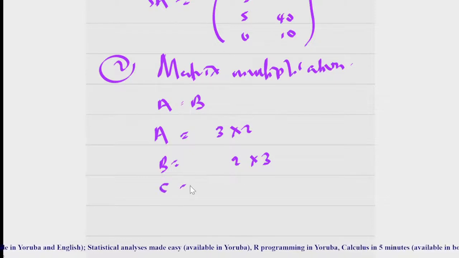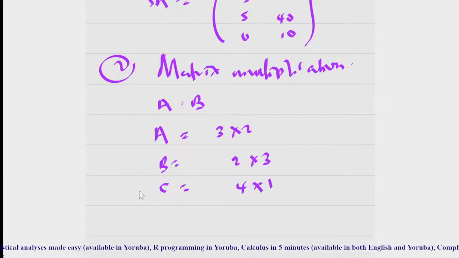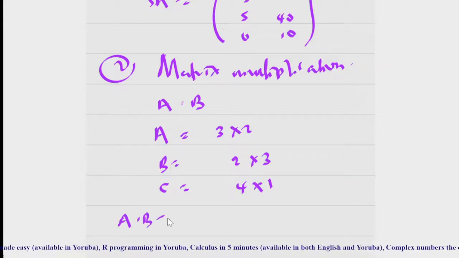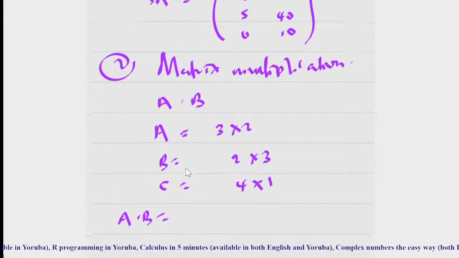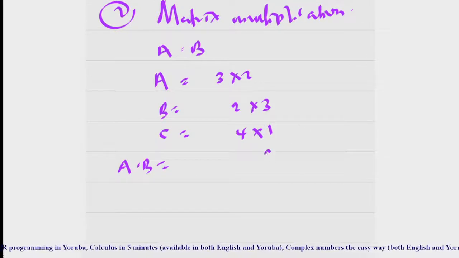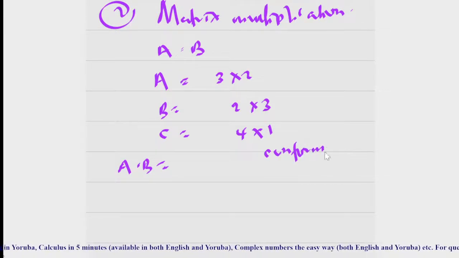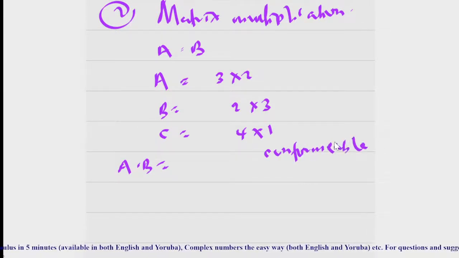Let's say I also have another matrix C, which is 4 by 1. So for A by B, before you can multiply them together, you have to check whether they are conformable.